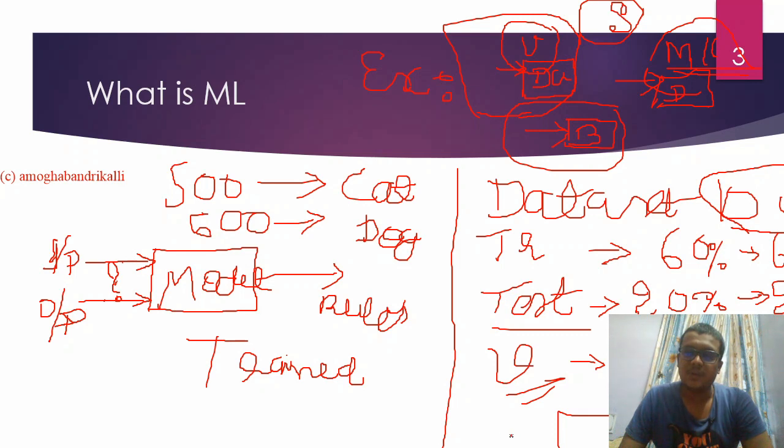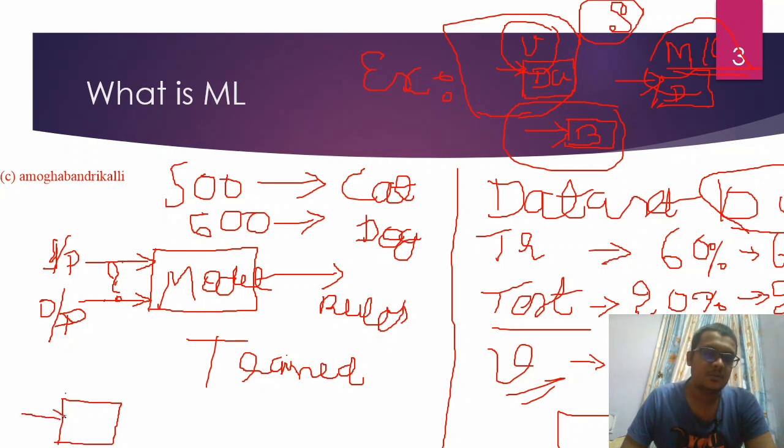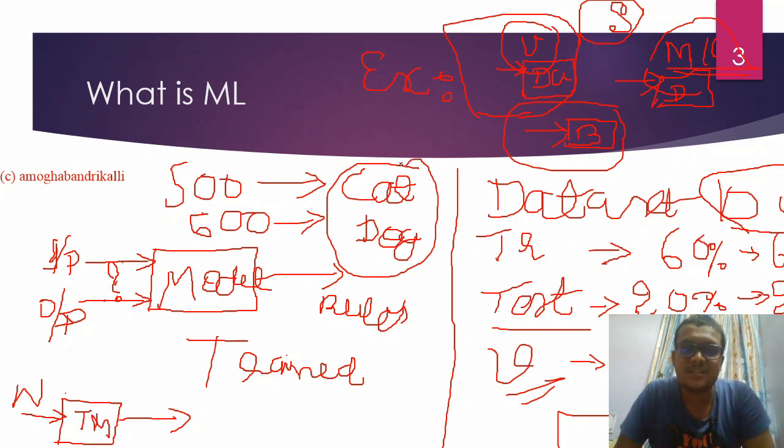Coming back to this scenario, let me explain what accuracy actually means. After the system has been trained, that is the trained model, you are going to provide new data. Let me say it has been trained to decide between cat and dog.